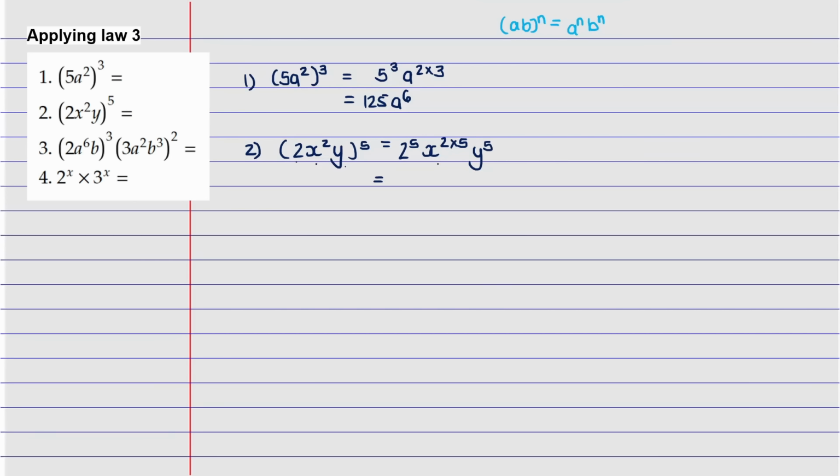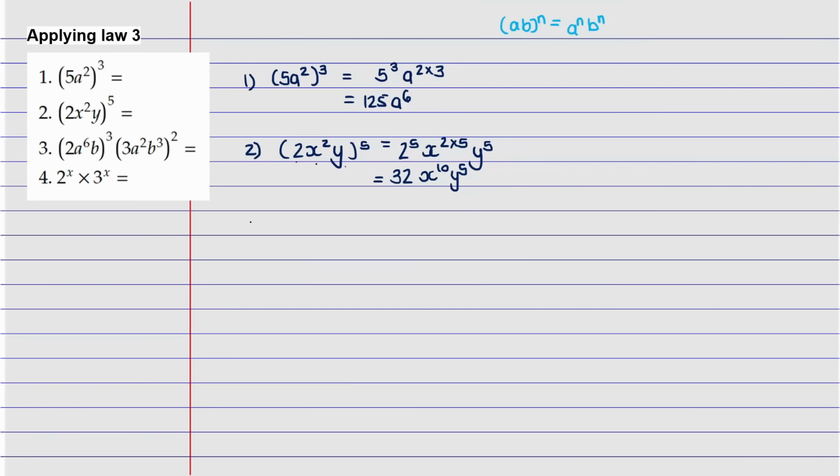Simplify this. 2 to the power 5 is going to give you 32. Then x, with 2 multiplied by 5 giving you 10, then y to the power 5. So that's how you would do this question.